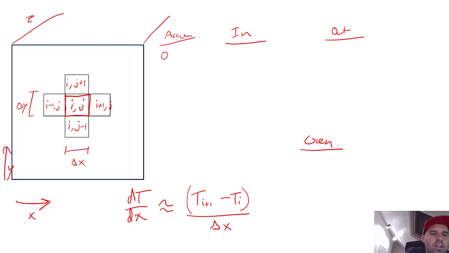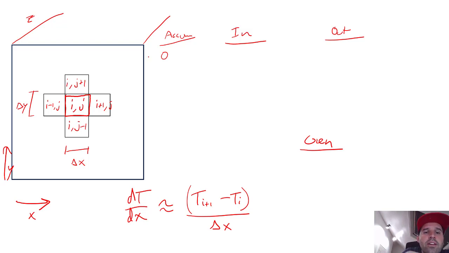Energy could be flowing in the x direction, or it could be flowing in the y direction. And again, when you shrink delta x and delta y to be really small, you can assume that energy is flowing in just this one direction and this other direction. So we don't have to worry about angles here, because once you shrink this down, you can break it down into those two coordinates pretty easily.